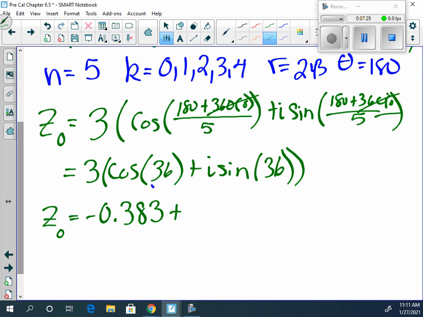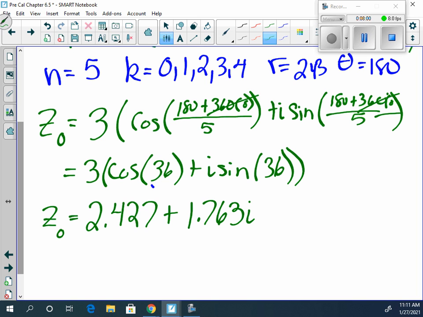We get 2.427. Positive. That makes more sense. 2.427 plus, and then if we do it with sine, 3 sine of 36, and we get this here.